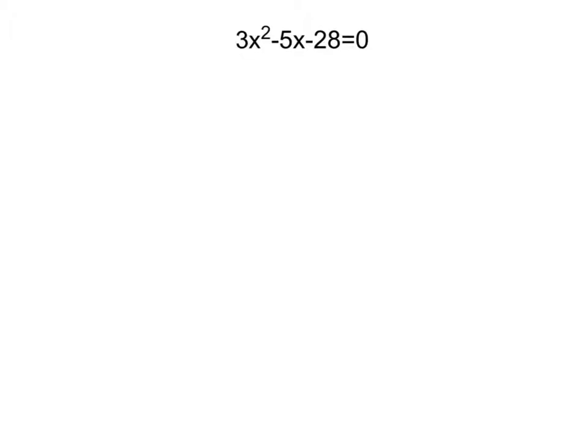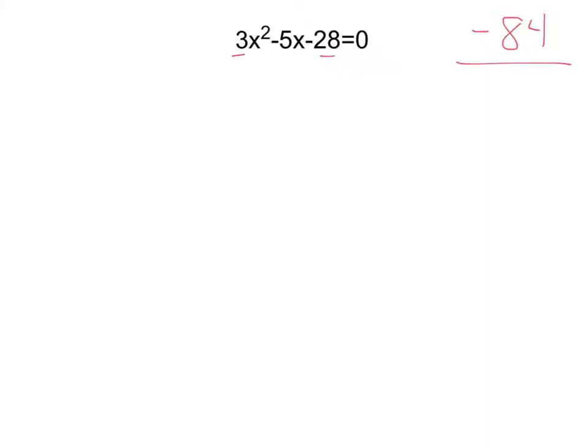a problem. Remember, when we get a trinomial, we take your first and the last and you multiply them. So if I get out my calculator, take 3 times negative 28, I get negative 84.